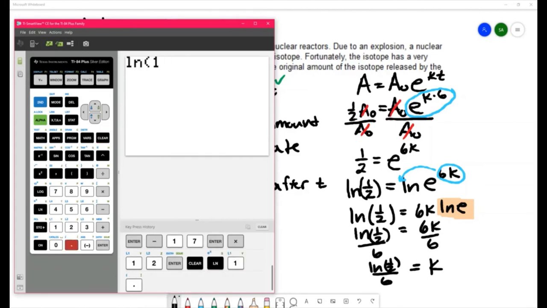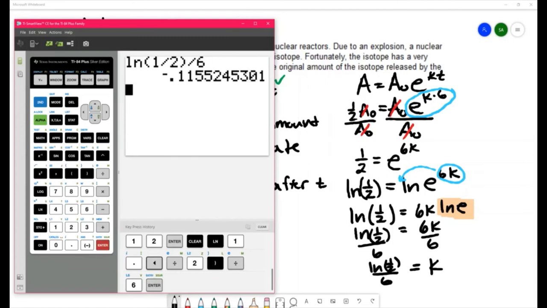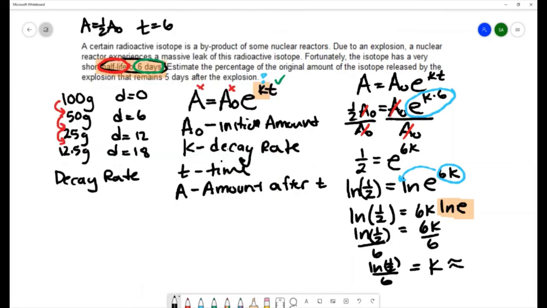Natural log of 1/2 over 6. And we'll write it down, but I'm going to use the exact value. This is negative 0.1155. So I'm going to use this value in my next calculation because I'm worried about rounding issues.